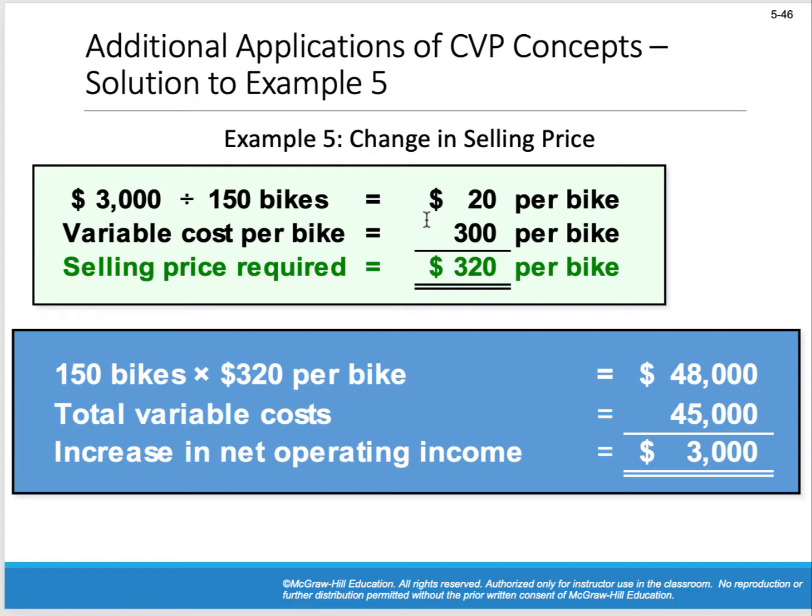In this example, $320, the new selling price, times 150 bikes gives us $48,000 in sales revenue. What's the total variable cost of this special order? It's $45,000. How did I get that? $300 times 150 bikes. I see that the increase in net operating income is $3,000.